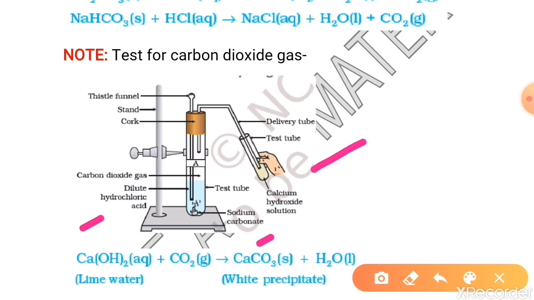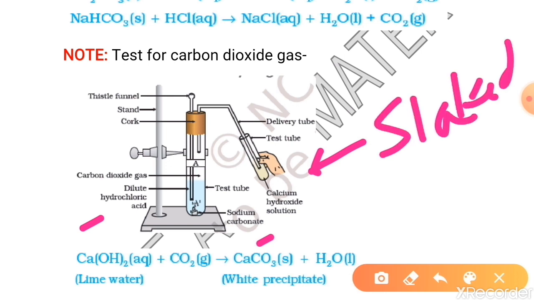Here we have taken calcium hydroxide solution, which is also called slaked lime. Now, when this CO2 gas goes through this delivery tube into the solution of slaked lime, the lime will turn milky. This is due to formation of a white precipitate.